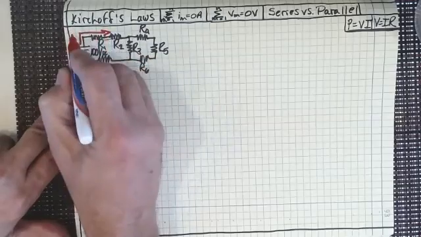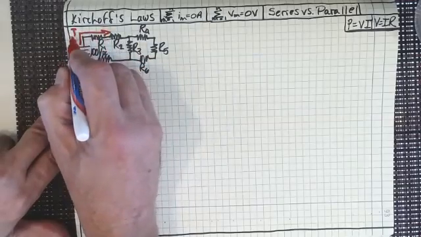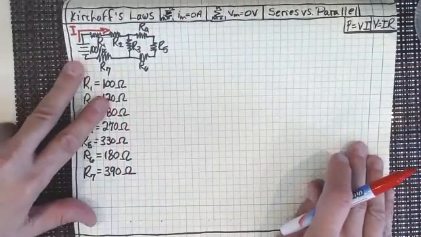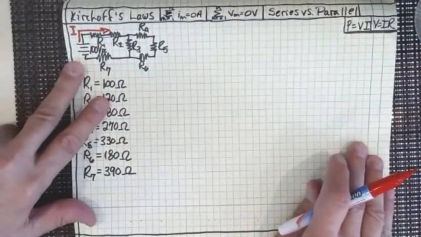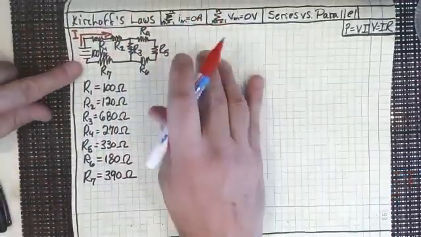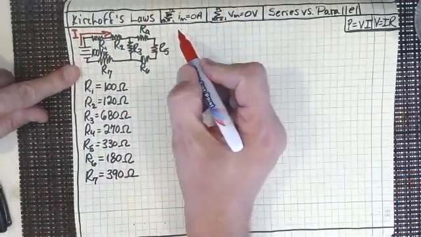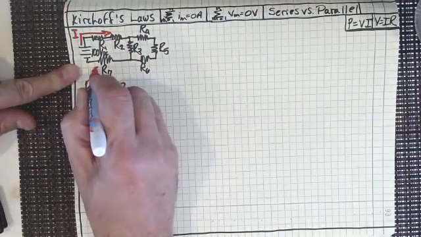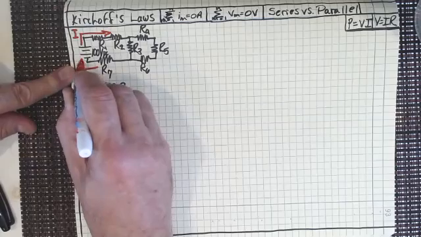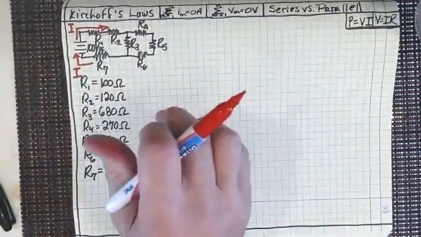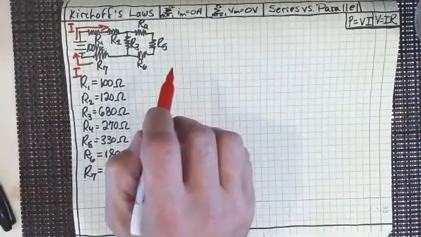circuit? This first current here I'm going to call I, because that's really the main current flowing out of the power supply. In the end, and that's what Kirchhoff tells us, I have to have the same amount of I coming back in, right?